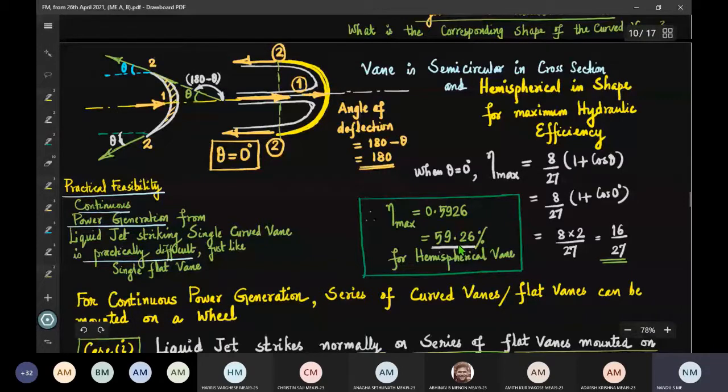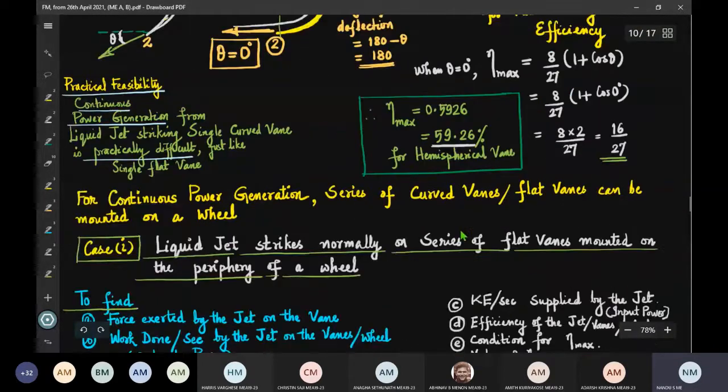Here it is just less than 60%. So for a hemispherical single vane used for power extraction by the impact of jet, the maximum efficiency you can get is 59.26. Remember, this 59.26 percentage of efficiency you can get for a hemispherical vane.